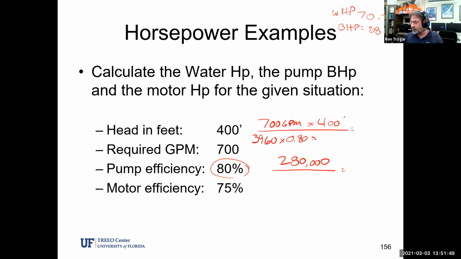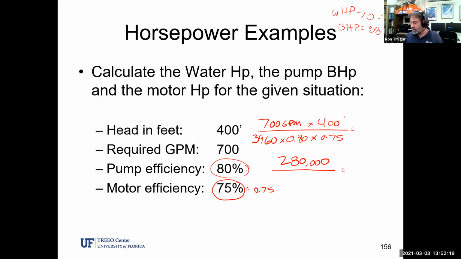But now we have to factor in the motor efficiency. It says here the motor efficiency is 75%. Remember, writing that as a decimal would equal 0.75. So let's put that here, 0.75. Now let's figure out what the new denominator should be. 3960 times 0.8 times 0.75.